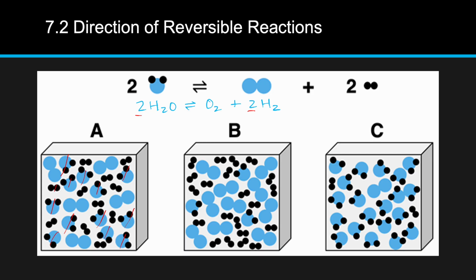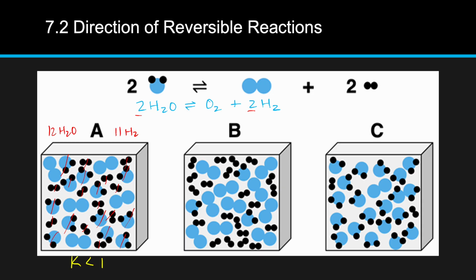And I have 11 H2 molecules. So if I have 12 waters and 11 H2 molecules, that means I have slightly more reactants than I do products. So my K value is going to be slightly less than 1.